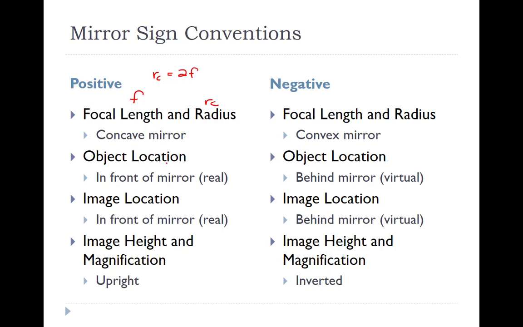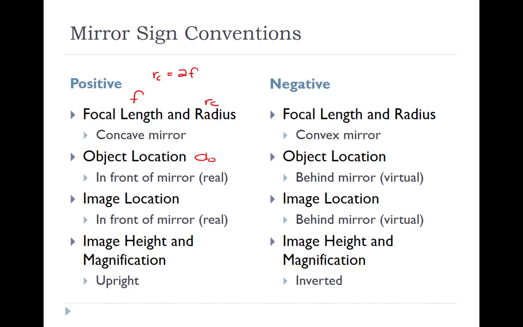The object location, DO, will be positive when the object is real, when it is in front of the mirror. You can get virtual objects which would require a negative object location. In order to do that, you have to have multiple optics, so 2 mirrors, a lens and a mirror, something like that.